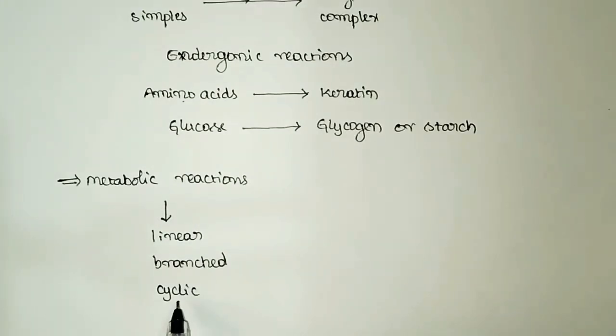That means from whichever precursor or starting material the reaction begins, after so many stages the process comes back to the original spot, the beginning stage. That kind of reaction is a cyclic reaction.